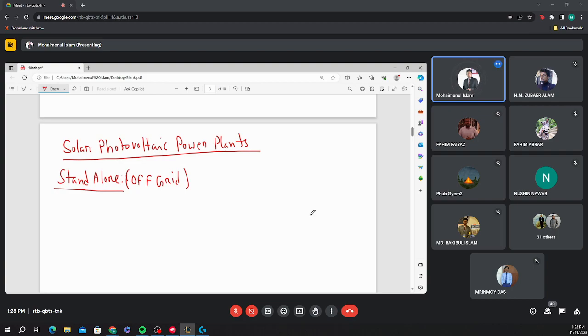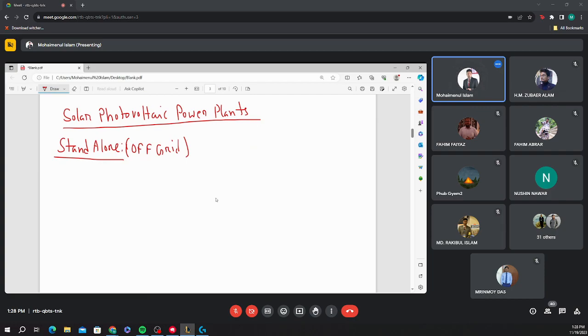So before that, if you have one particular solar cell, this is our cell, it can produce maybe 0.5 volt. So if you connect the cells in series, you can get a higher amount of voltage. Suppose we have 4 cells, what would be the voltage then?